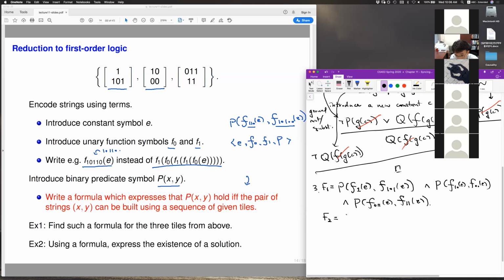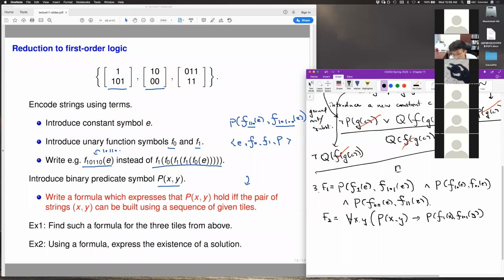The inductive case says that for x and y, if x and y are related by P, which means there is a way to generate sequence x and sequence y using a sequence of tiles, then it is also possible to generate P of F1 x and F101 y.